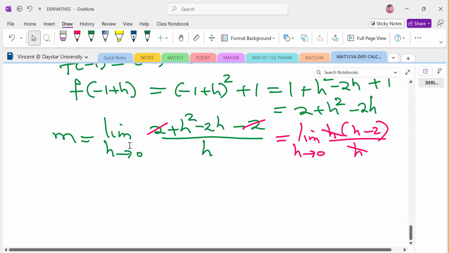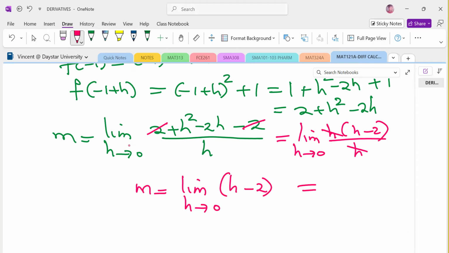So that we'll have m equals to limit as h approaches 0 of h minus 2. So when you work out this limit, it reduces to minus 2.